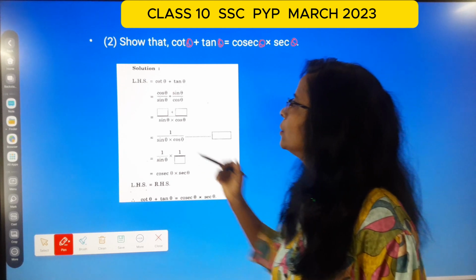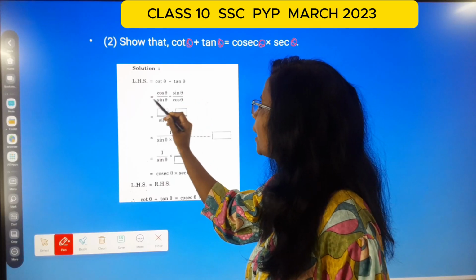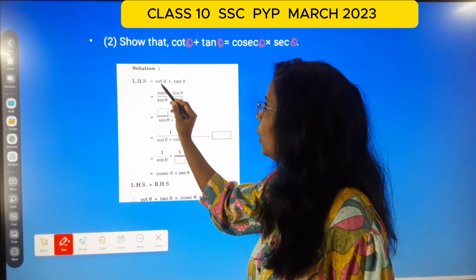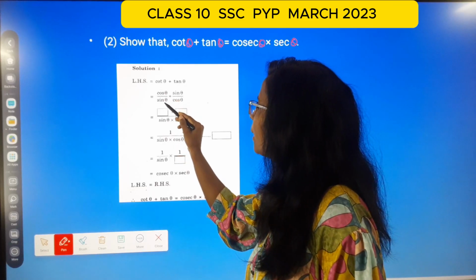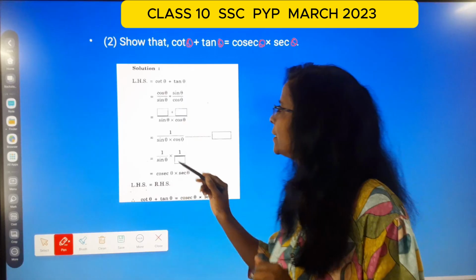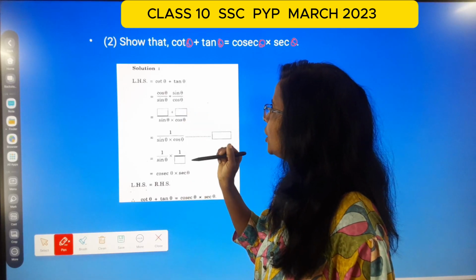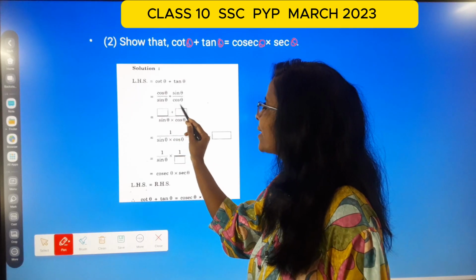Now the solution. LHS is equal to cot theta plus tan theta. We represent cot theta as cos theta upon sin theta, and tan theta as sin theta upon cos theta. Then cross multiply because the denominators are different.